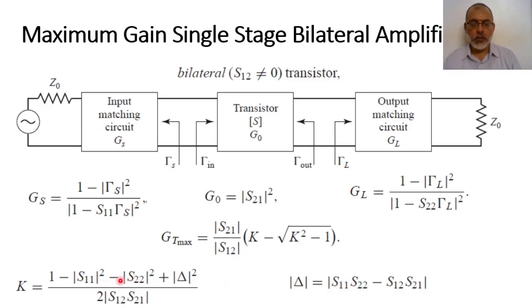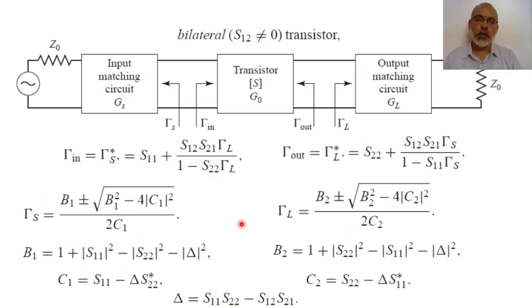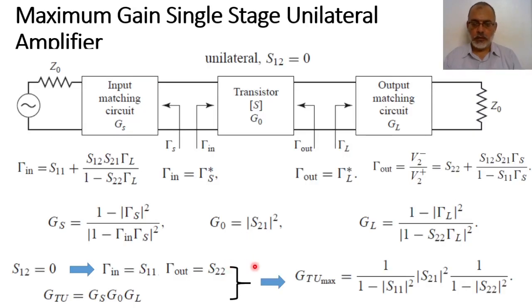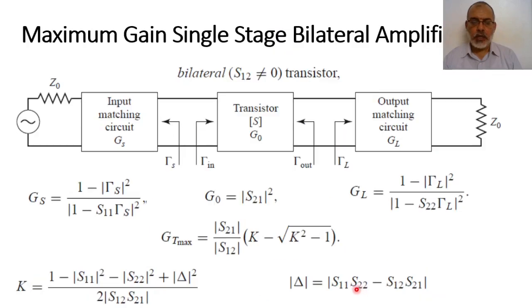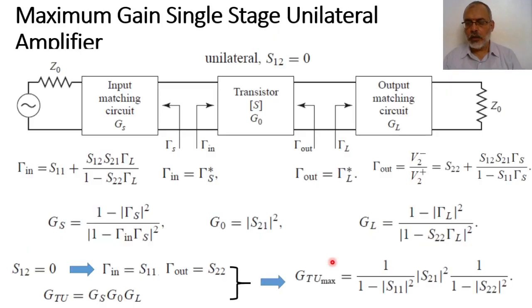So by taking the limit when S12 tends to 0, we find that the maximum transducer gain is simply the magnitude of S21 squared multiplied by 1 over 1 minus S11 squared multiplied by 1 over 1 minus S22 squared, which was originally obtained here. So by taking the limit S12 tends to 0, we obtain this relation once again. Alright?